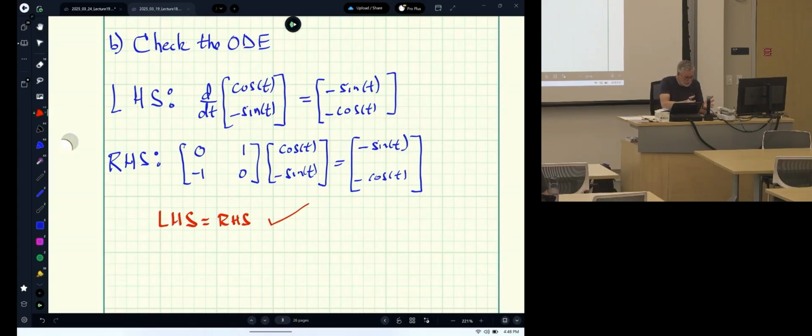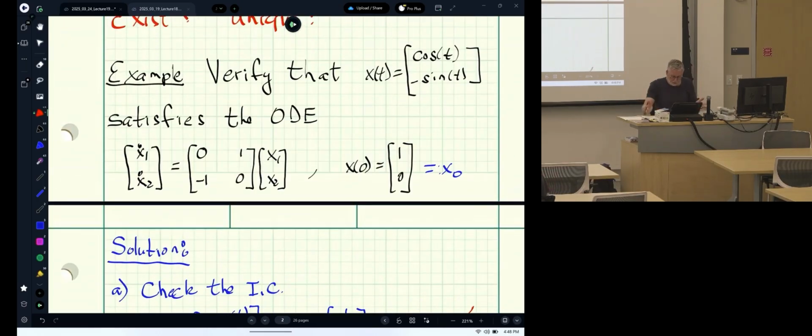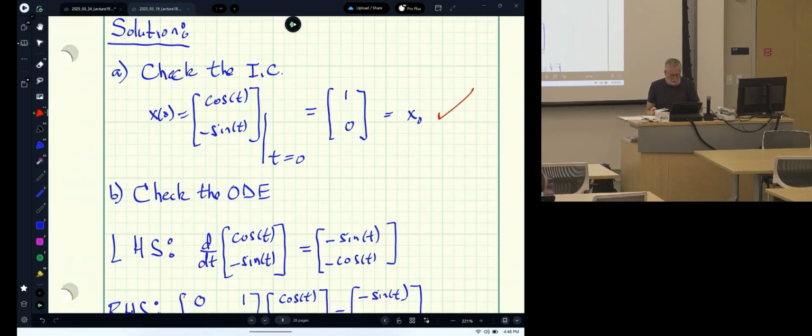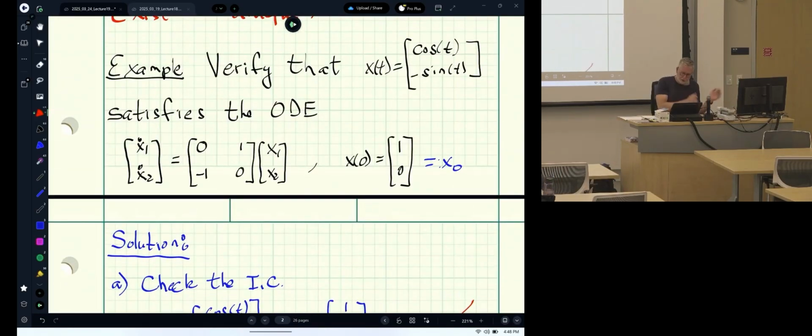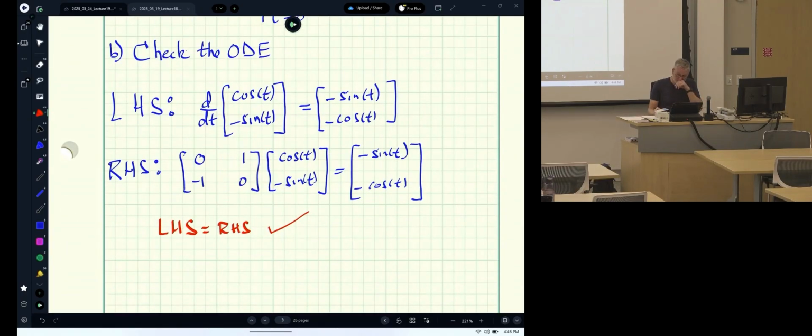You just plug it in, and if you get 0 on the right-hand side, it's a root. Here, plug in t equals t0. Do you recover the initial condition? And then differentiate the proposed function, plug it into the right-hand side, compare left-hand side and right-hand side, they're equal, you're done. Okay? That's a solution to an ODE.